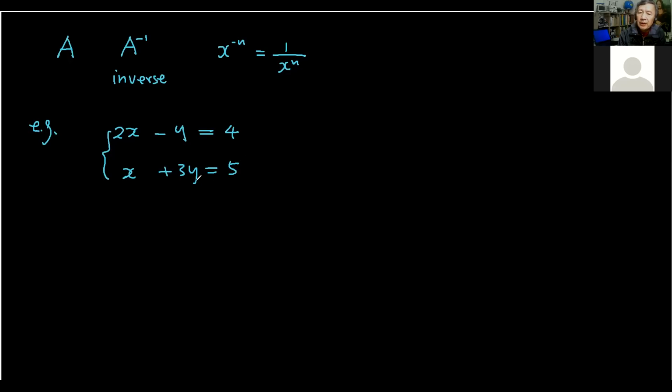You can use the algebra method to solve that, by substituting. So you can call this equation 1 and equation 2. Do you remember how to solve that?